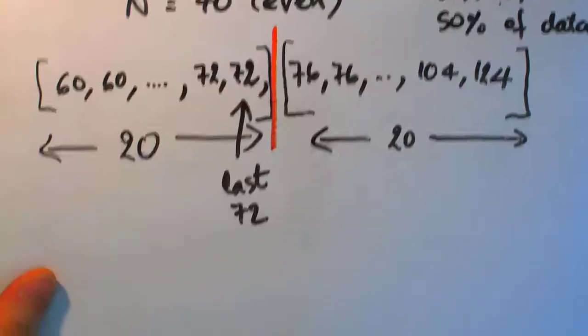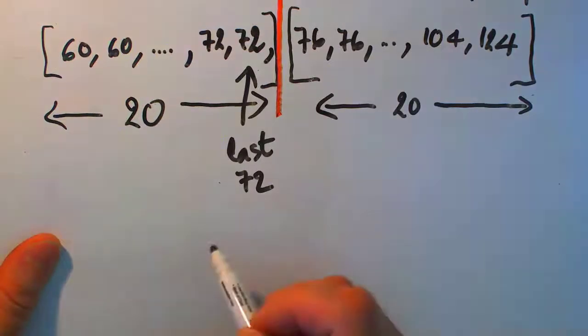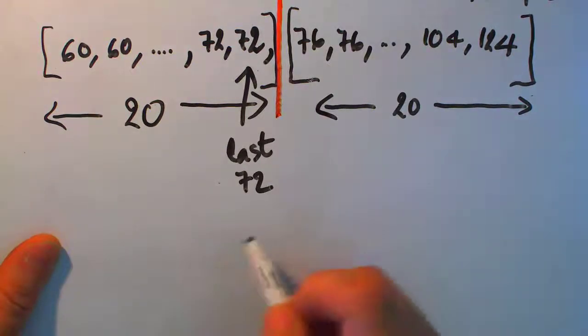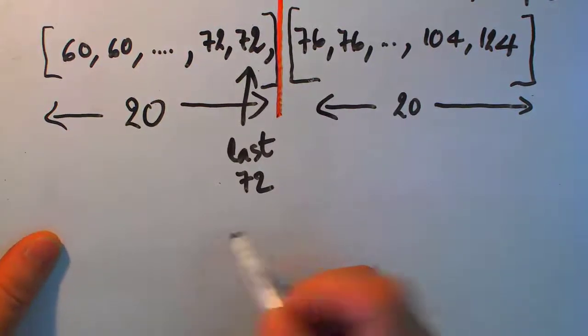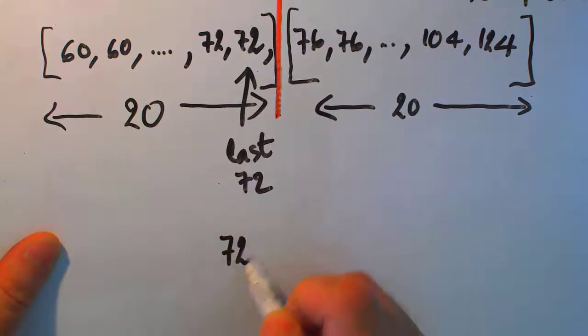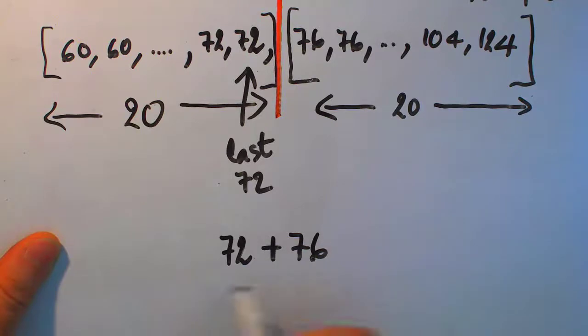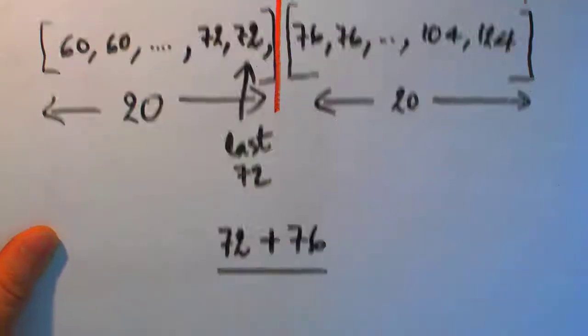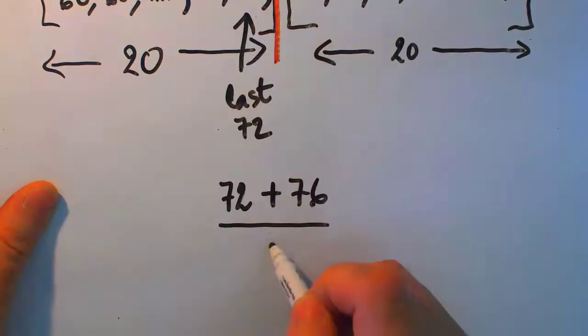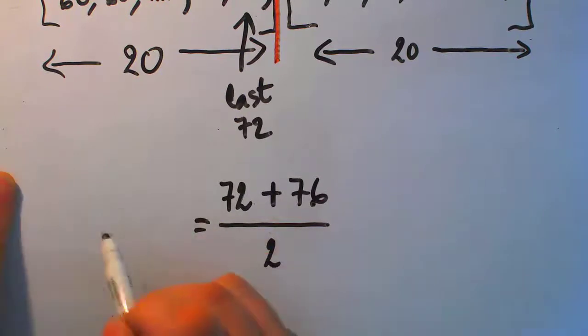The standard math to find the midpoint, the middle value of the two, is 72 adding with 76, and we're dividing that by 2. And now that is our median.